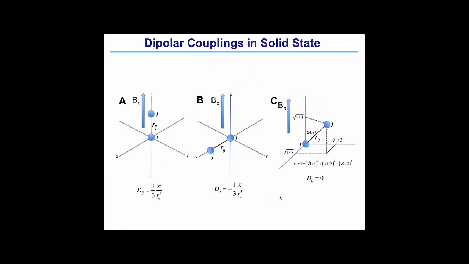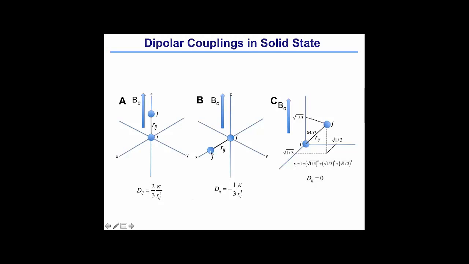So we have three different situations. When the internuclear vector is parallel to the magnetic field, we already said that Dij is 2/3 K over R to the third power.